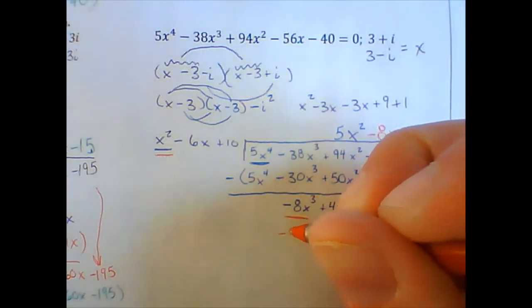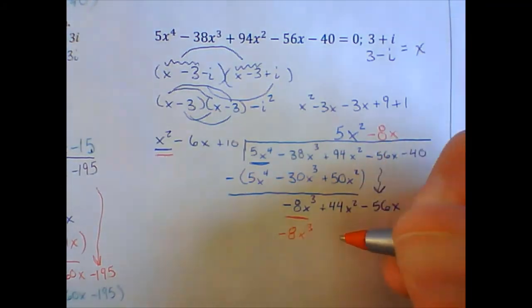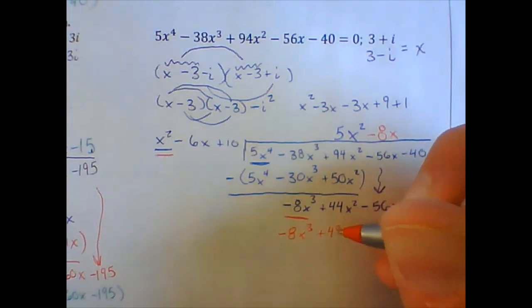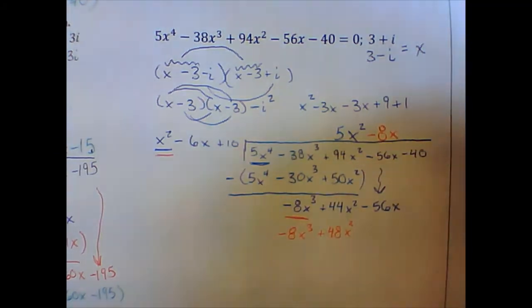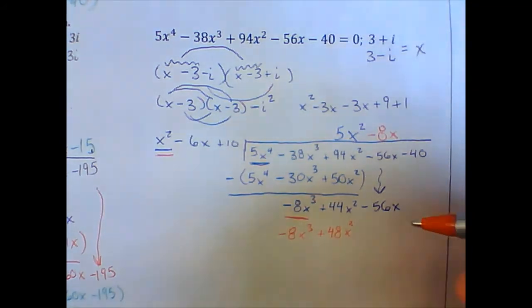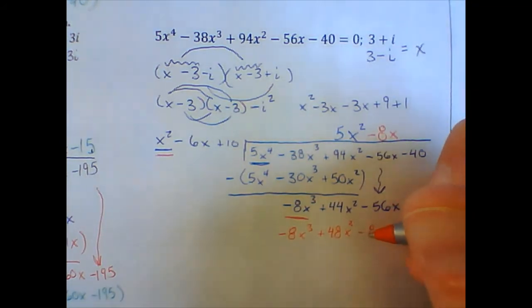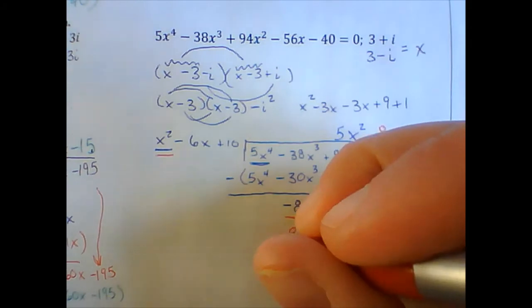So we're going to get a negative 8x cubed, and then we're going to get a plus 48x squared, and the plus is coming from that negative 8 times the negative 6. That's where the positive is coming from. So be very, very careful with the signs. It's an easy place to make a simple mistake, even if you've got the rest of the concept correct. Okay, so just be careful with that. And then finally, we have a minus 80x.